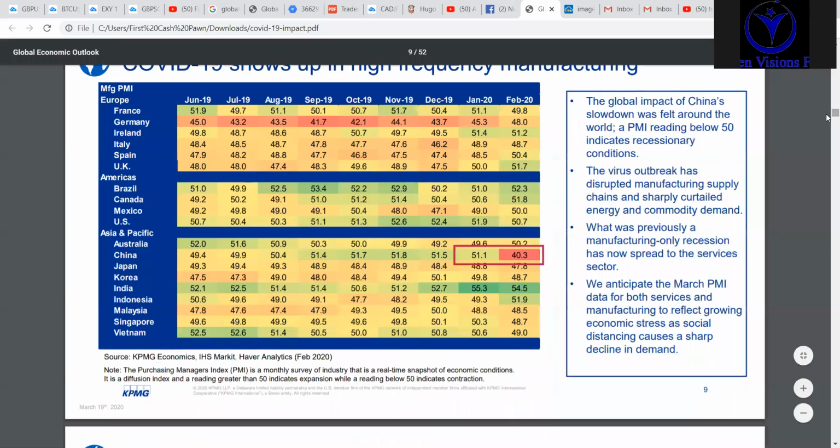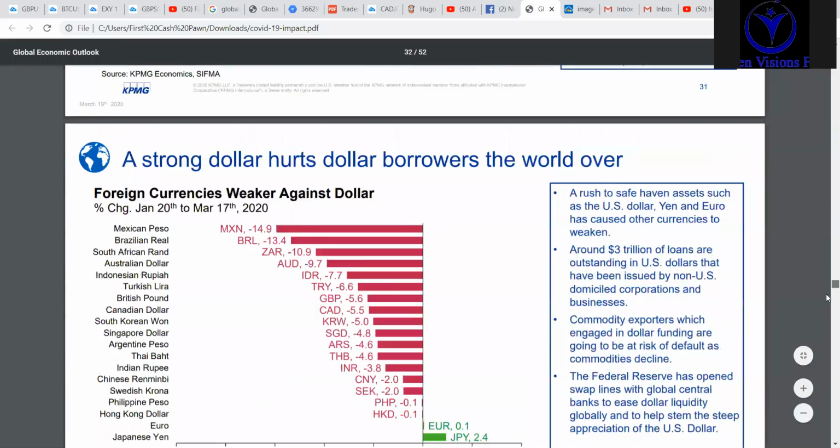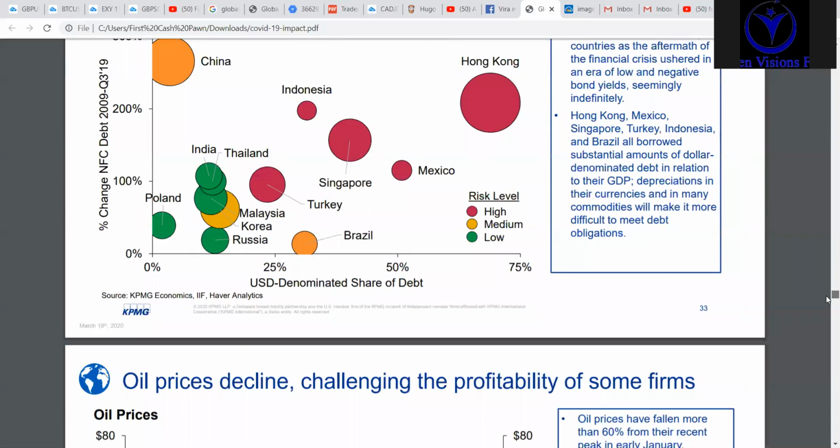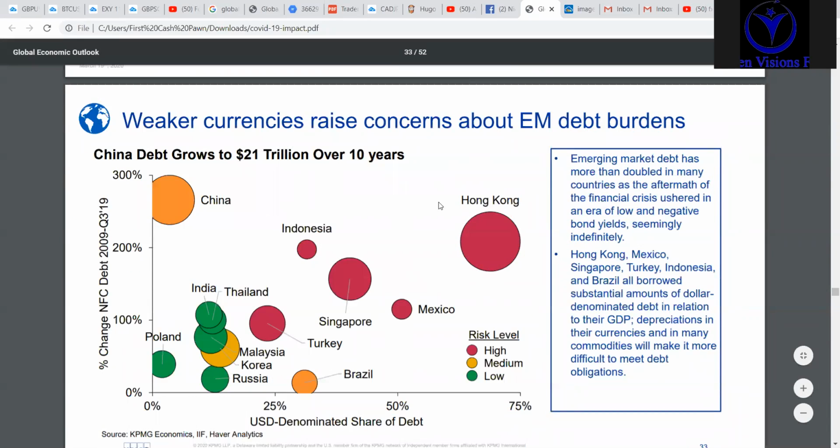We'll take a look at the Singapore dollar. There we go. Okay, the weaker currencies have concerns with all the debt. Nobody's able to work right now, so the social distancing is causing a big economic downturn.